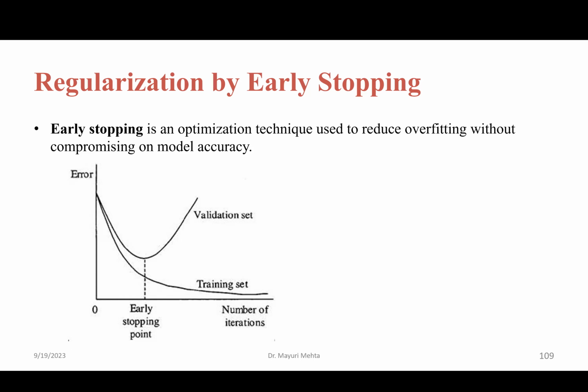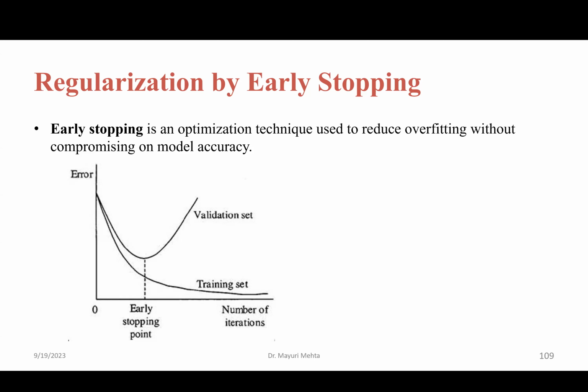Now, before we discuss early stopping, let me discuss one point: how our given data set is divided into different sets, like training set, validation set, and testing set. In a general learning algorithm, the data set is divided into two divisions, training set and test set.